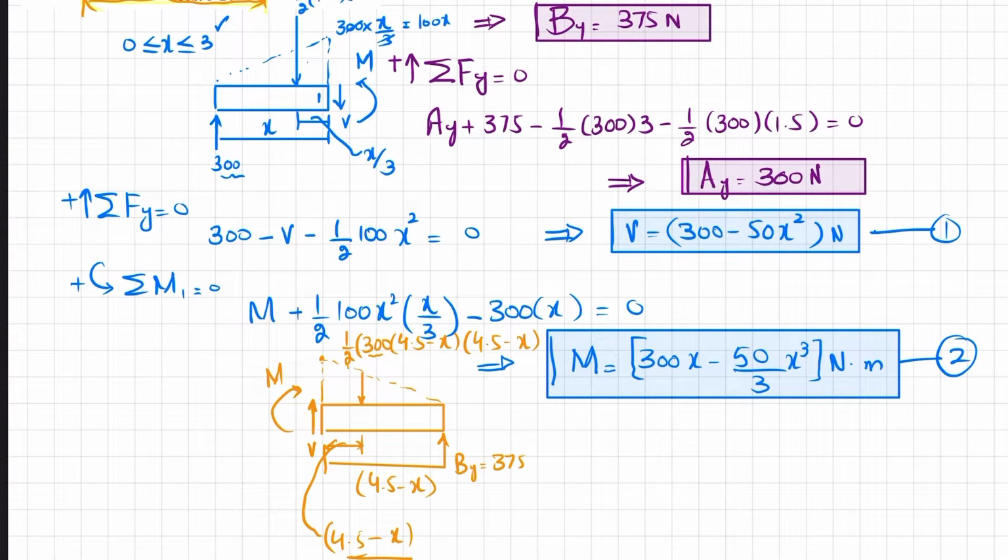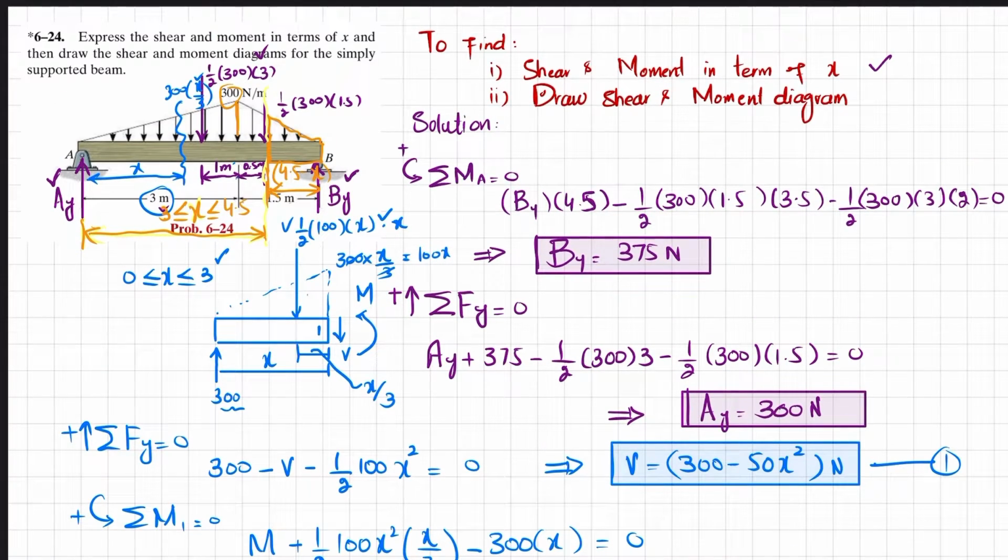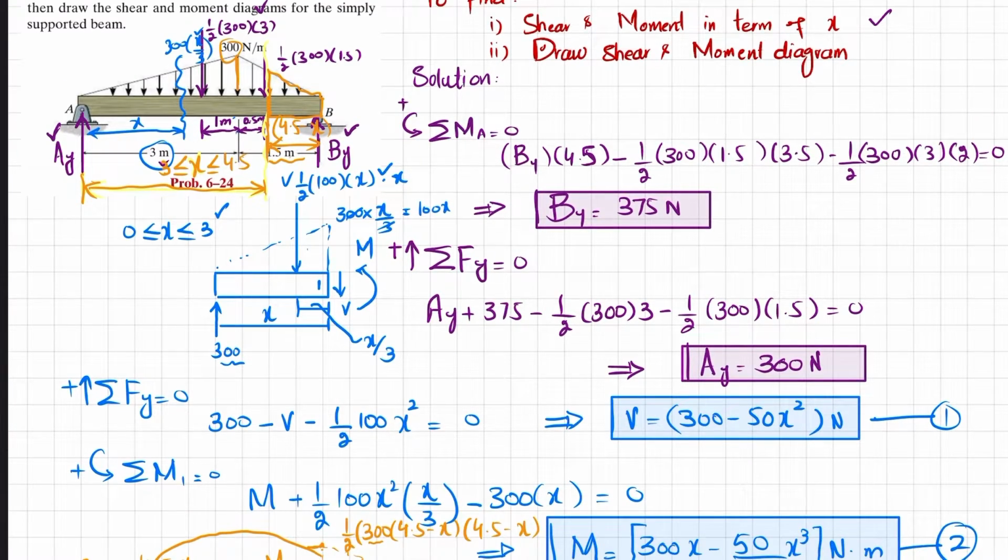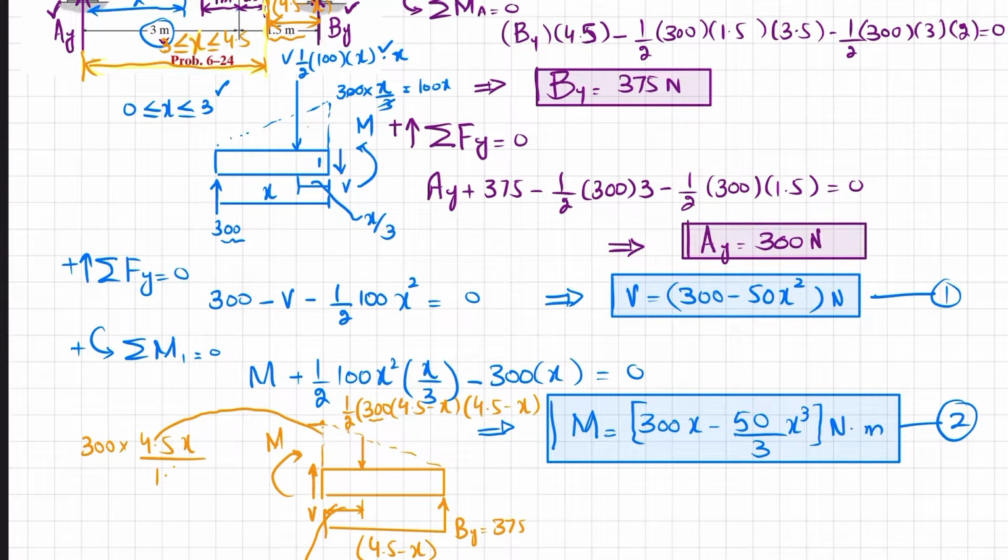this load is, if I represent this load, so here I will write it, this will be 300 into 4.5x over the length, which is 1.5 meter. So 1.5 meter.